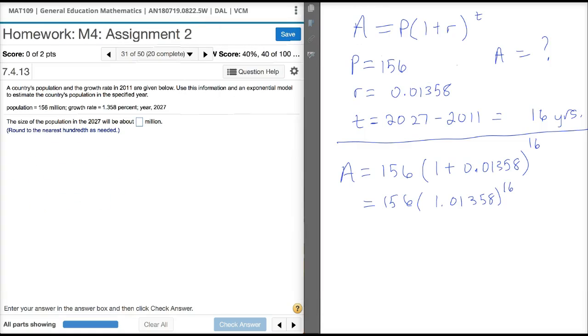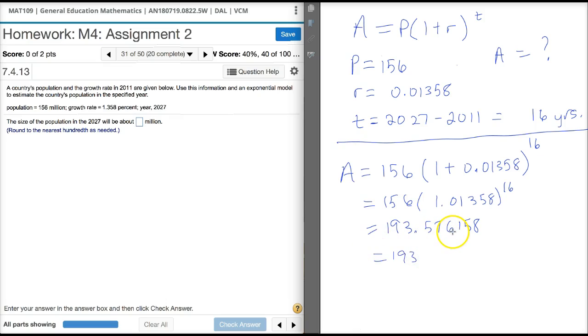So I'll go ahead and write that down. So 193.5767158. And we need to round this to the nearest hundredth place. So that means 2 decimal places.